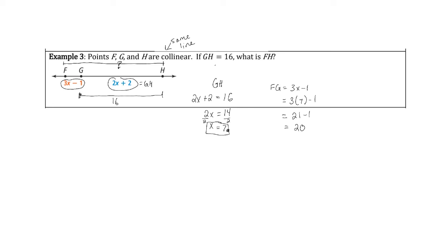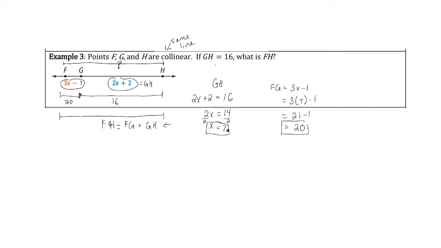Okay. Now, something about pictures we can see, right? It doesn't necessarily make sense, but you never go by the picture. Okay, so we know GH is 16 and FG is 20. FG looks much smaller, but never go by the picture, always go by the math. Okay, so now in order to find this full FH, we know FH is equal to FG plus GH.